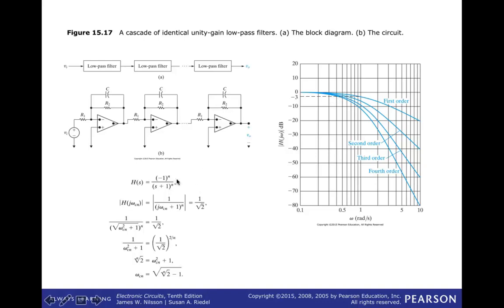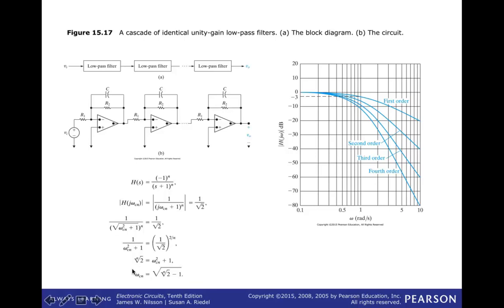The way to determine that shift is to look at the transfer function, which for an n-stage filter looks like this. We then find the magnitude of that transfer function, force it to be 1 over the square root of 2, and then solve this equation. When we solve that equation, that's where the little design equation that we've been referring to in class comes from.